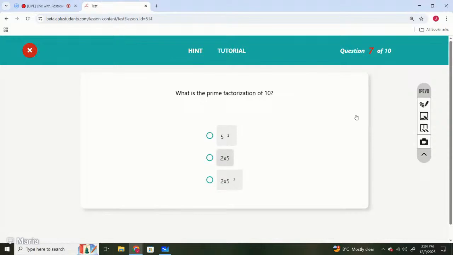That is 2 times 5. Option number 2 is the correct option.